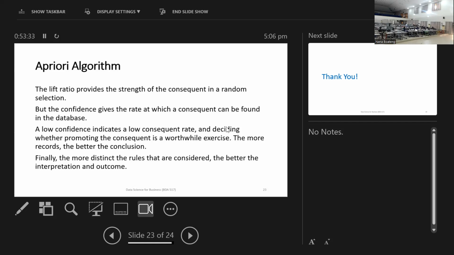Accra, any question? I didn't get you when you said when it's greater than 1. Which one are we supposed to go for? So yes, I said that when the lift is greater than 1, that means that there is strong association between the item sets.